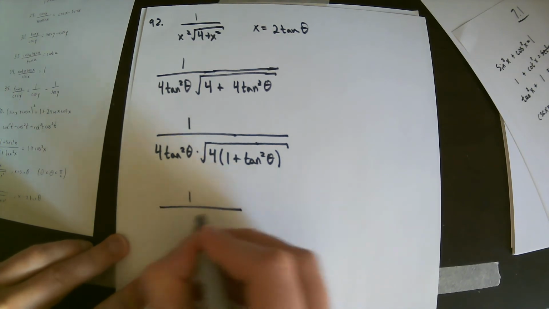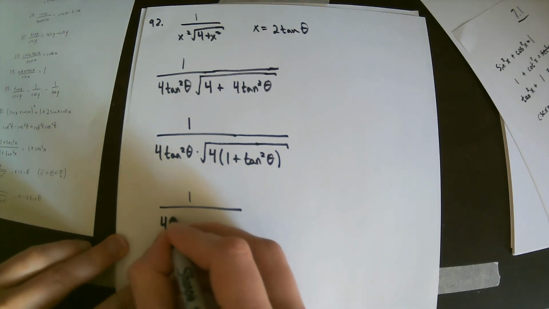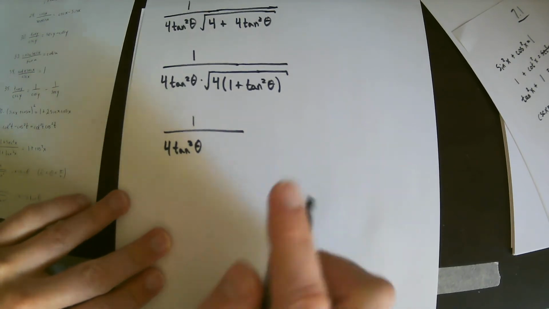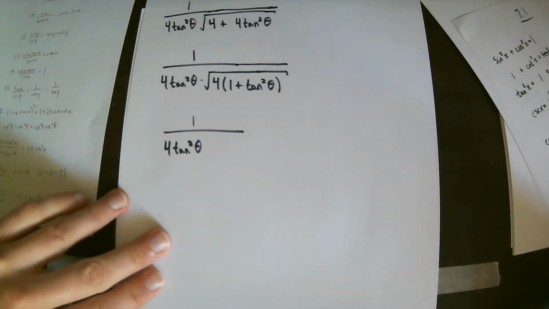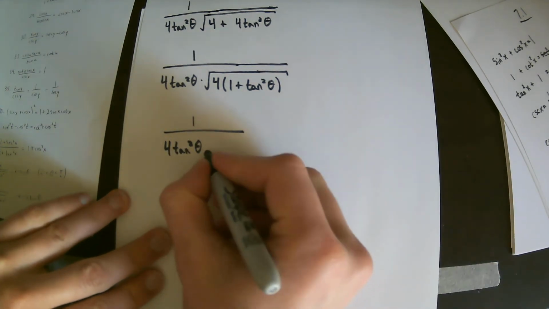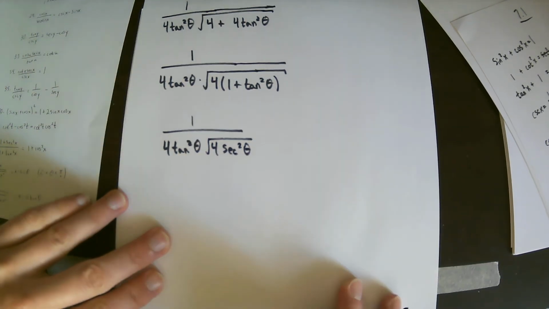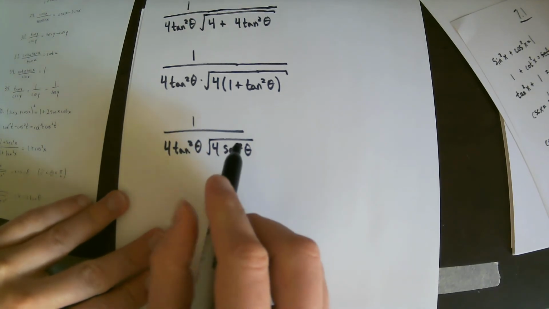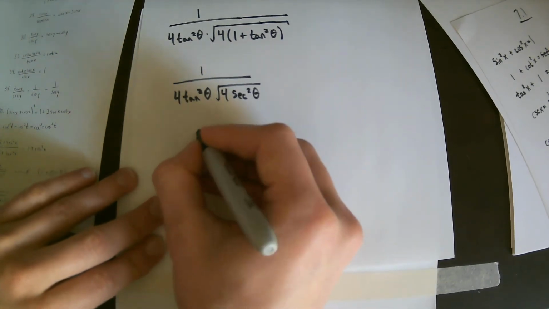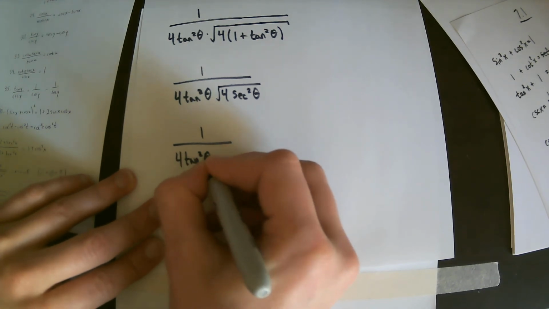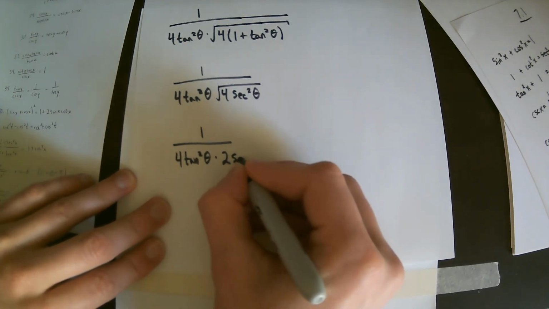Now I've got 1 over 4 tangent squared theta, that's just carrying along on the outside. 1 plus tangent squared theta on the inside though, that's equal to secant squared. So I've got 4 times secant squared theta. But now everything under here is a perfect square. So I'm getting 1 over 4 tangent squared theta times 2 secant theta.